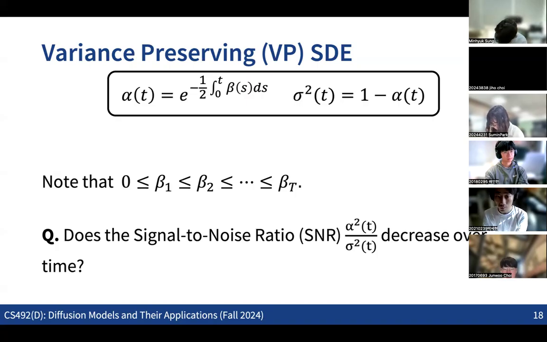This SNR should be decreasing so that this becomes a correct diffusion model, right? Can you answer whether this is decreasing or not, and why?